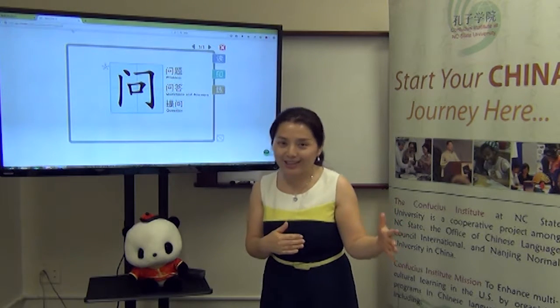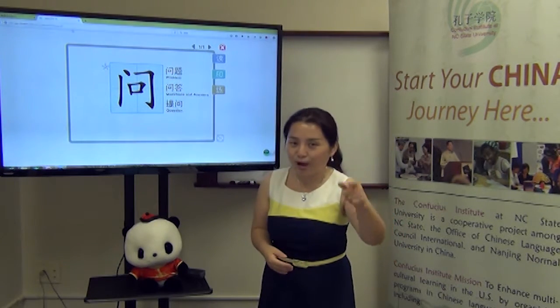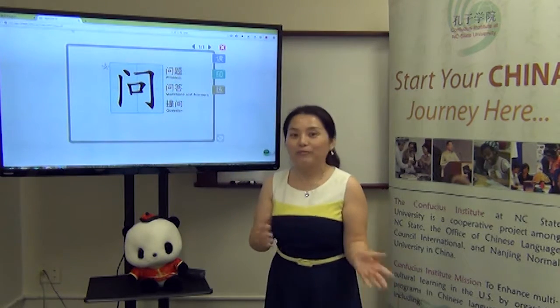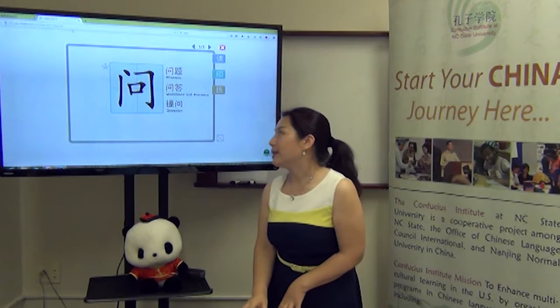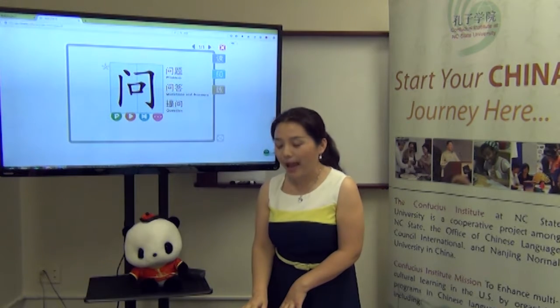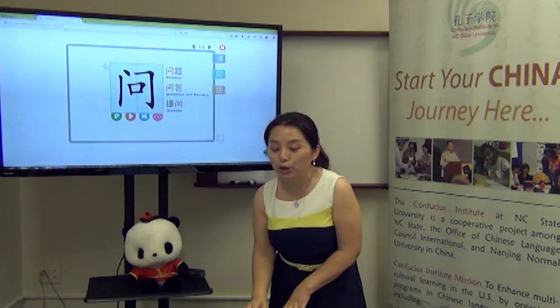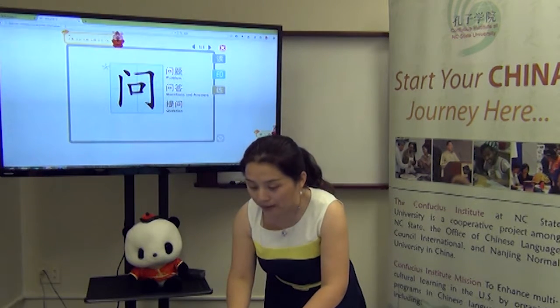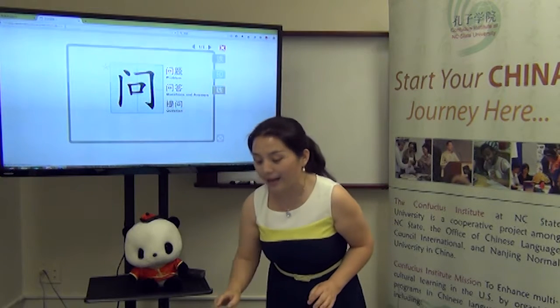So whether you think the dot should be the highest one, then you should start there. And sometimes if you put it here, you stroke from left to right. So anyway, the standard way is to start from the dot, the highest part. Okay, and then we come to the next one. This is a little bit difficult, but you are supposed to write this character.